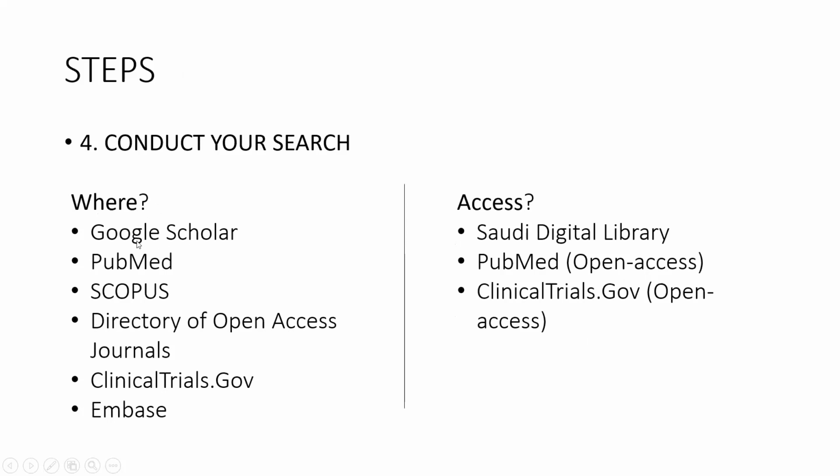Usually it should be appropriate if you only look at 3 different resources. The more you include, the better. The most important to include, I think, are Google Scholar, PubMed, and Scopus. But Google Scholar is sometimes very difficult to obtain articles from. We usually just do PubMed, Scopus, and one other of these.